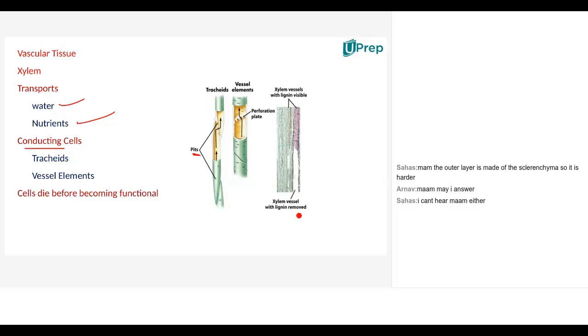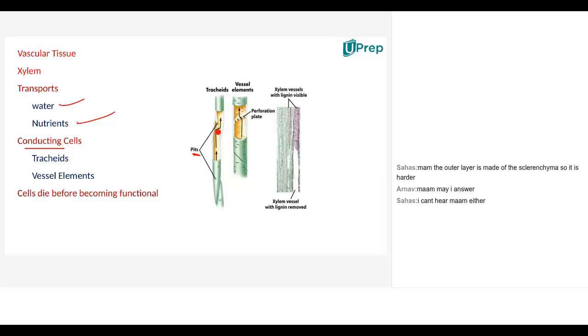Ma'am, so that the water can pass sideways from one xylem vessel to another. Any other answers? Can you repeat your question, ma'am? Why are there gaps in tracheids? We are saying pits, no?